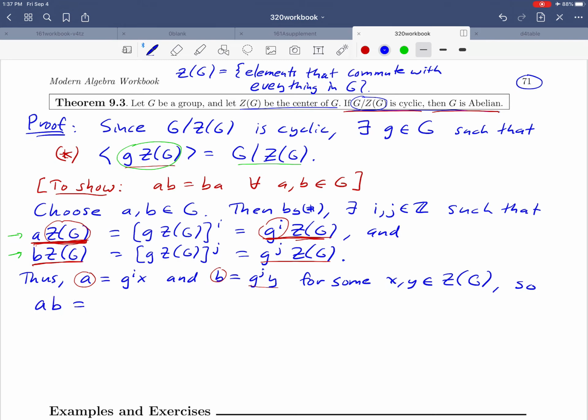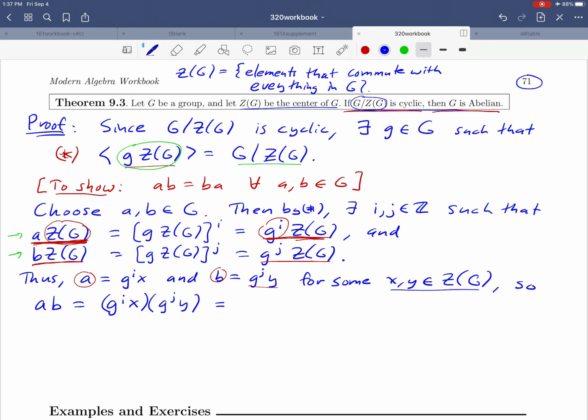If we start with AB, that's equal then to g to the i x times g to the j y, just using the representations that we made. And now we're going to use the fact that x is in the center of G. What does it mean to be in the center again?